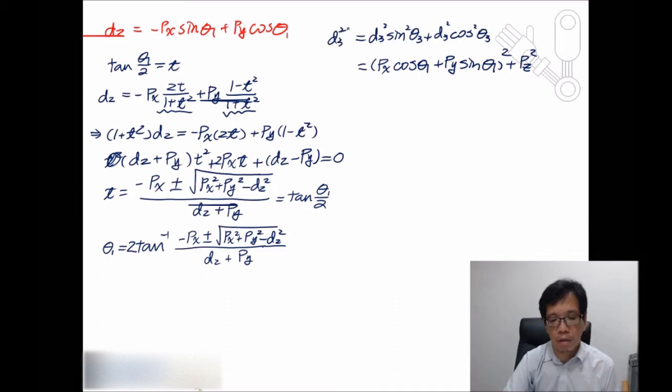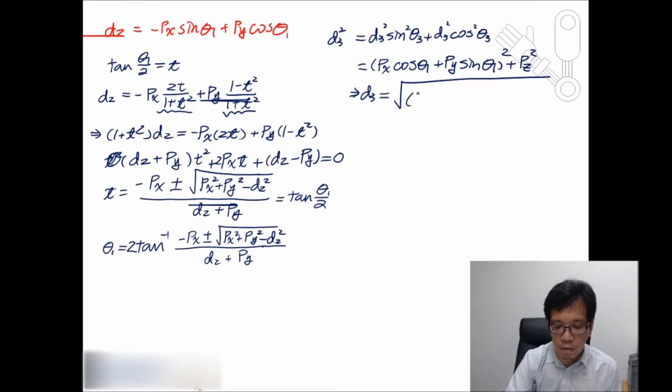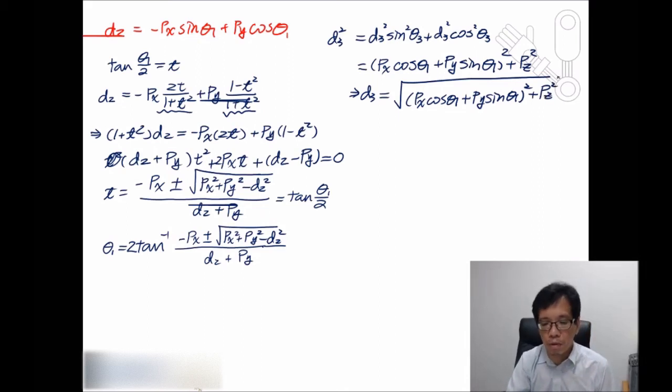So d3 square equals to this one, which yields d3 equals to the square root of px cosine theta 1 plus py sine theta 1 square plus pz square. Take the square root of this combination, we actually get d3.